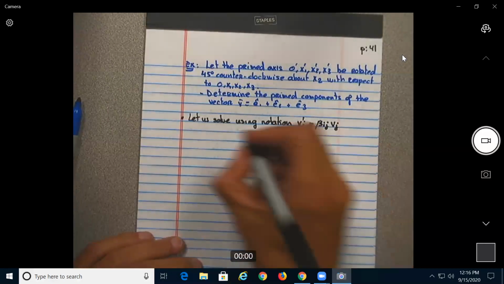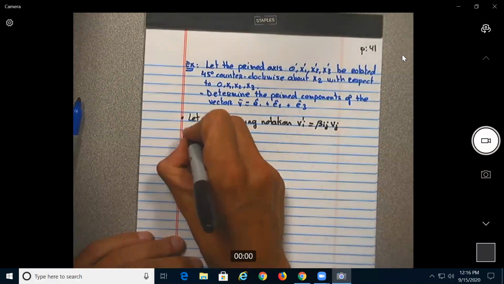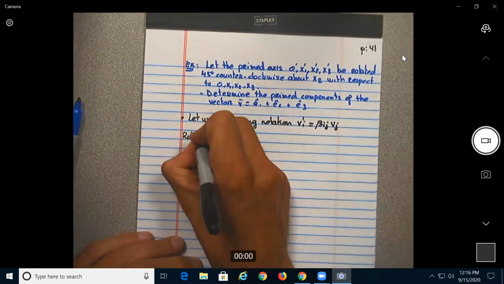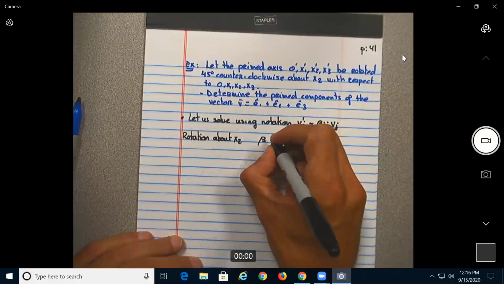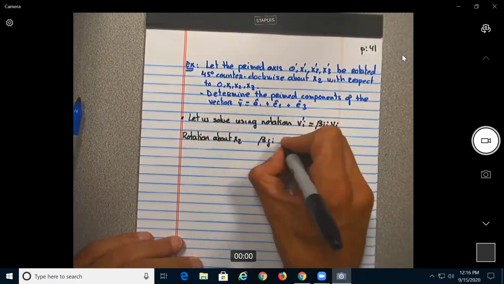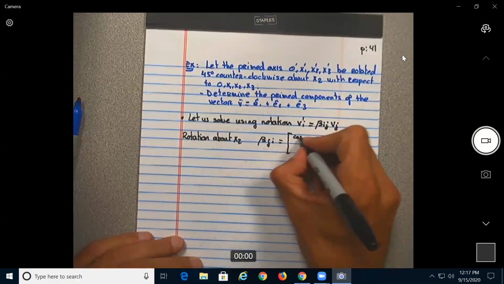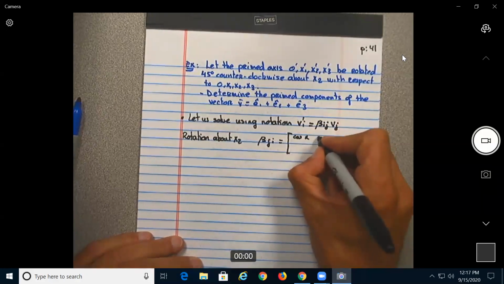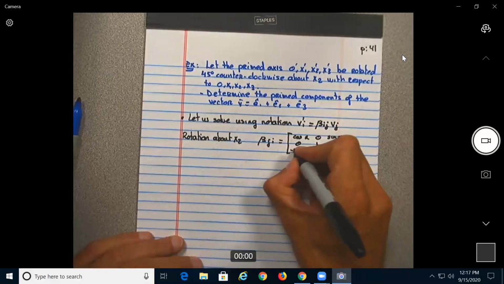So in this case, rotation about x2, we have that beta ji is equal to cos alpha 0 sine alpha, 0 1 0, minus sine alpha 0 cosine alpha.